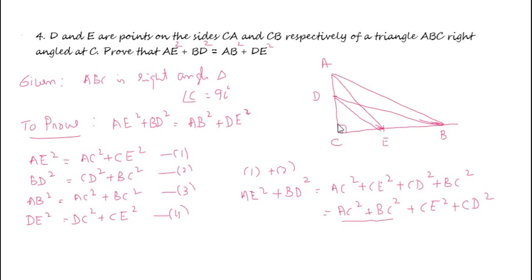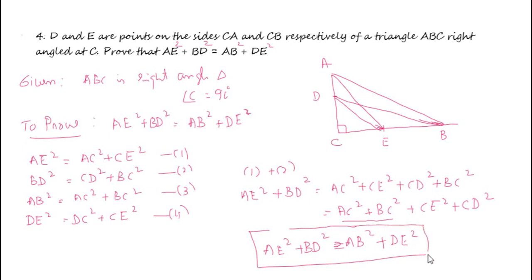AC square plus BC square in this triangle, that is equal to AB square, plus CE square plus CD square, that is DE square. Yes, that is a proof. AE square plus BD square equal to AB square plus DE square. Looks a little difficult, but appears to be simple now.